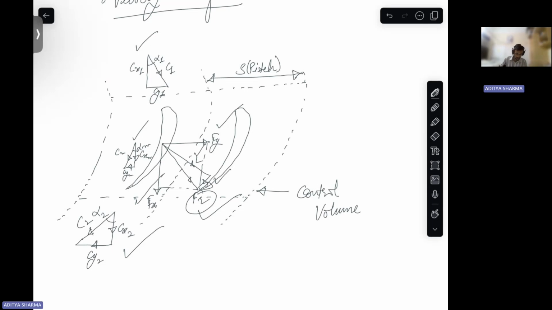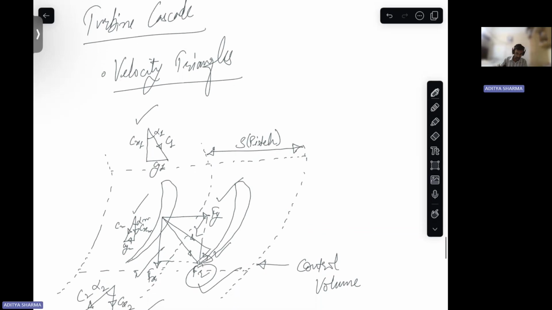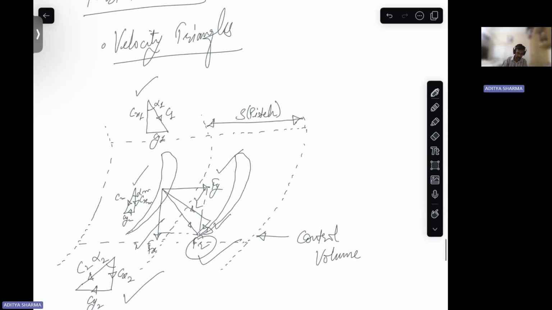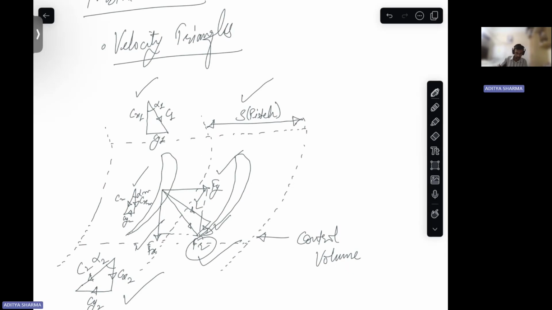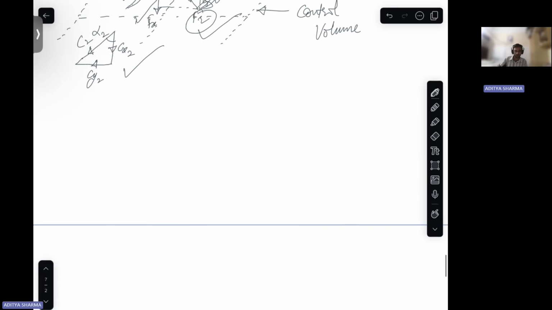So these are the velocities involved in the turbine cascade, which have been shown through velocity triangles. S is the pitch.